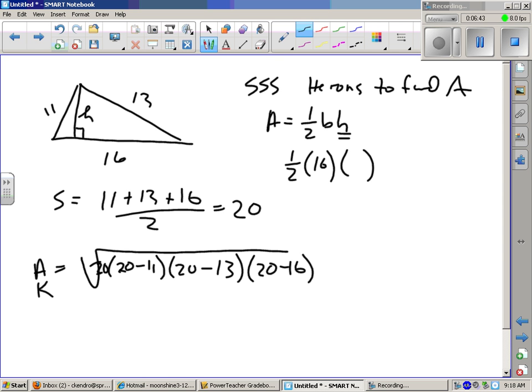So square root of 20 times 9 times 7 times 4, and I got an answer of 71. So that is the area of the triangle.